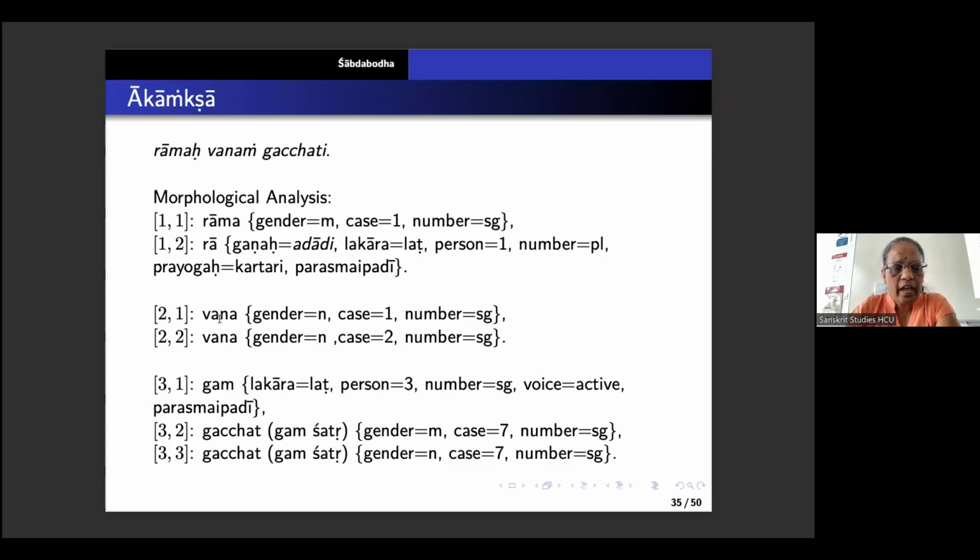Vanam has again two analyses, in neuter gender singular, either nominative or accusative.